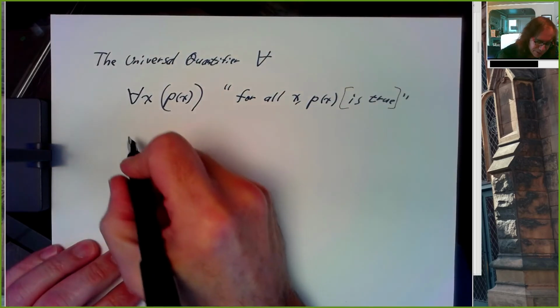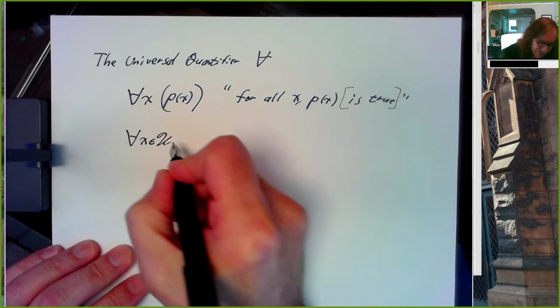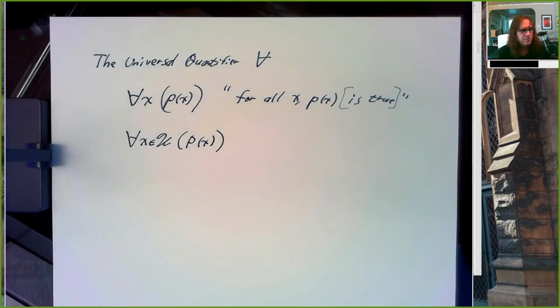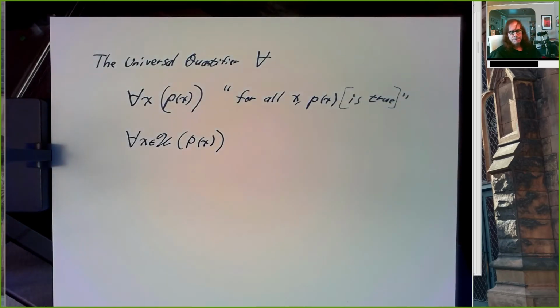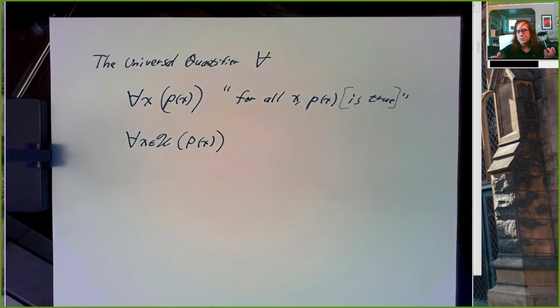And more typically, right, we might say for all x contained in some universe, p of x is true. Because the range of possible values, when we say for every possible x, for all values of x, well, we have to know what that set of possible values of x is, right? What the possible values are.